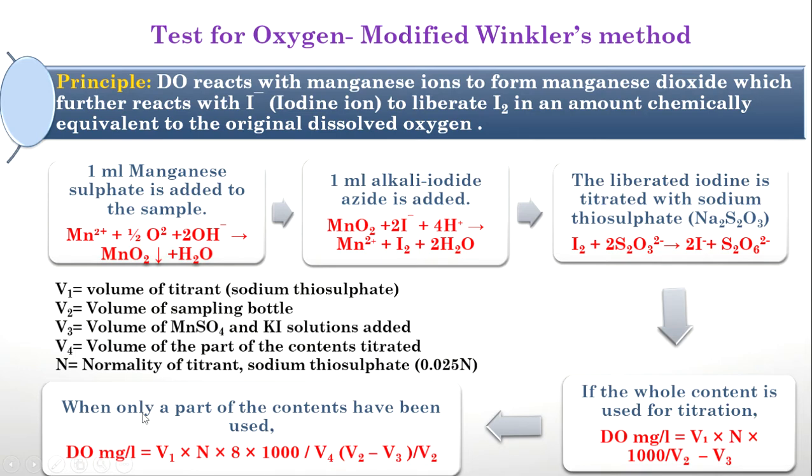When the whole sample which we have taken here is used for titration, then we will use this equation. If only some part of the sample is taken for titration, then we will use this equation. So by using this equation, we will get the amount of dissolved oxygen. So this is the procedure of modified Winkler's method.